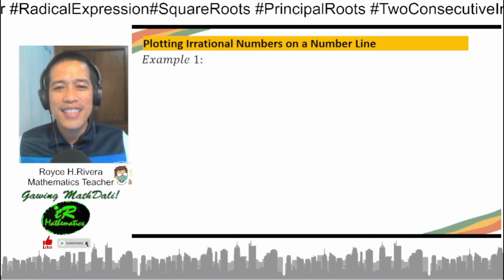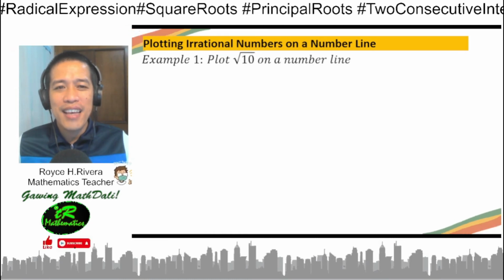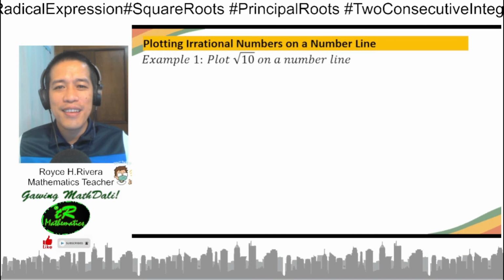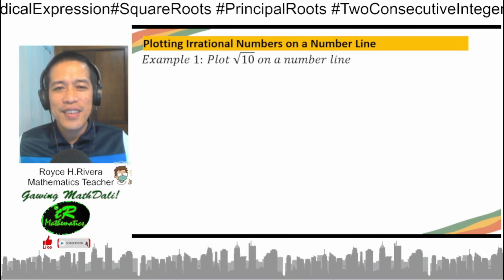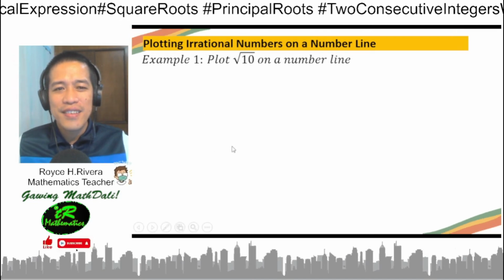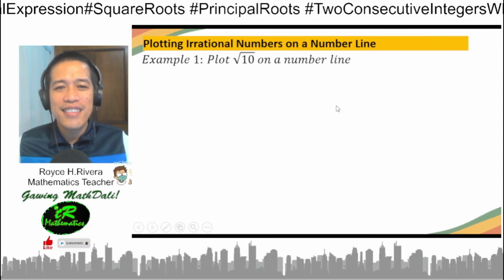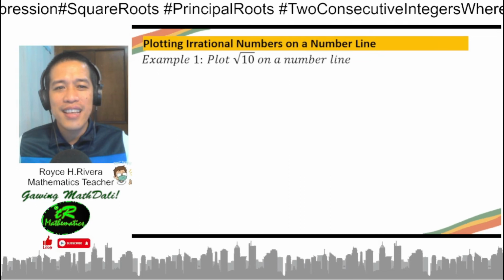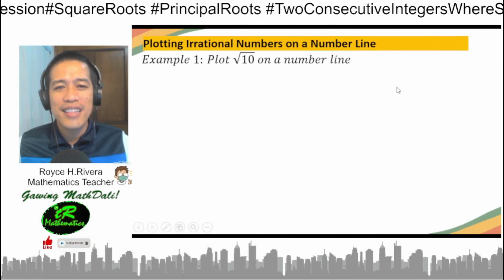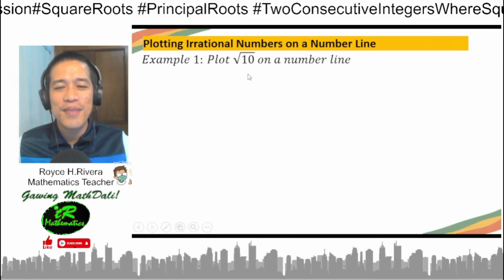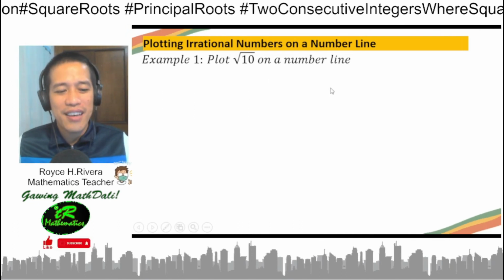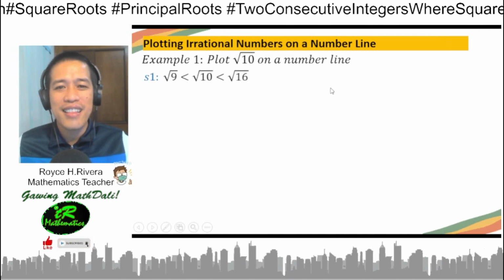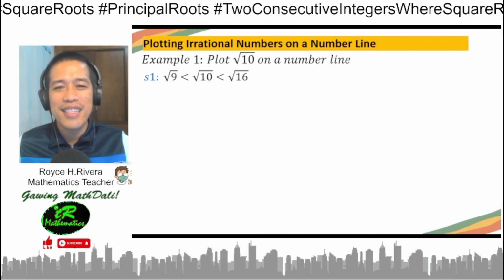Ito ang unang example. Plot the square root of 10 on a number line. So, step 1, we find the two consecutive perfect squares in radical form wherein the square root of 10 lies in between. So, we have the square root of 9 and the square root of 16.